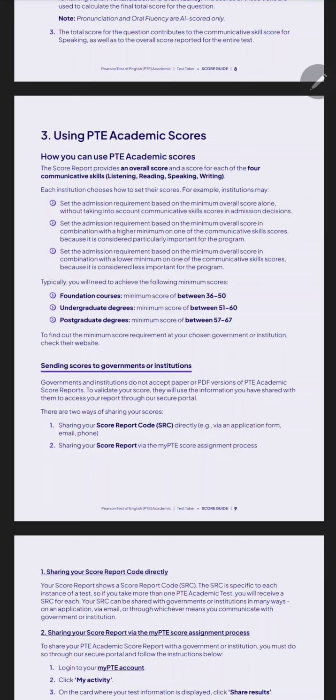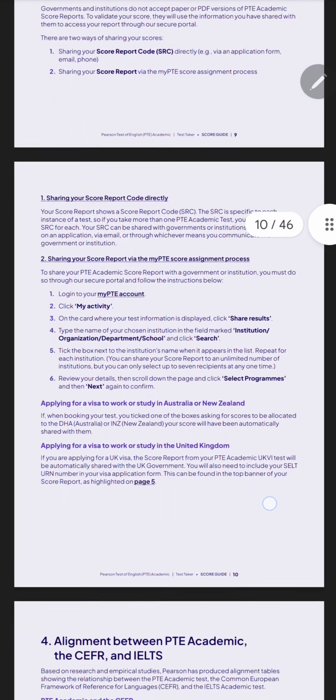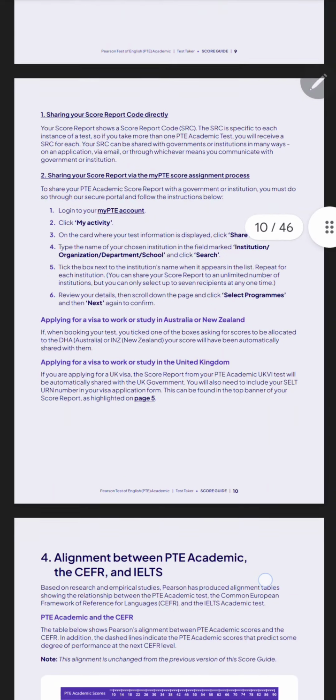There are two ways of sharing your scores: sharing your score report code directly, like via an application form, email, or phone, or sharing your score report via the My PTE score assignment process. Okay, so maybe I can skip this part.